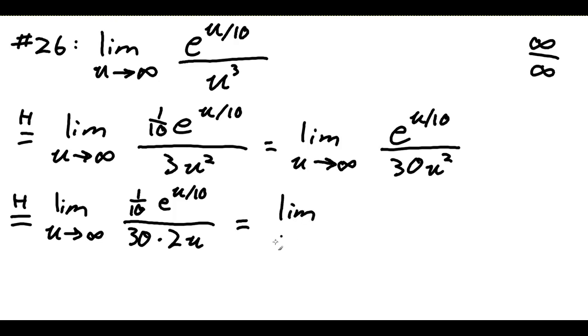So we take the derivative of the numerator and get 1/10 e to the power of u over 10, and the derivative of the denominator, we have our 30 times 2u. So cleaning this up a little bit, we have e to the u over 10 divided by 600u, it looks like.